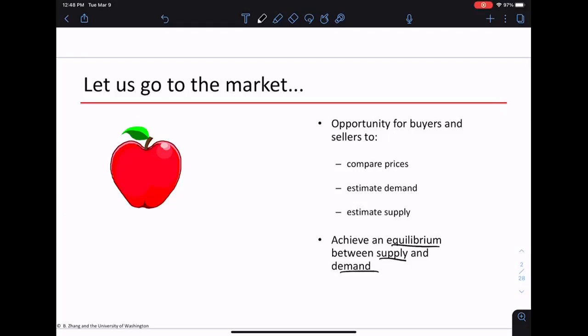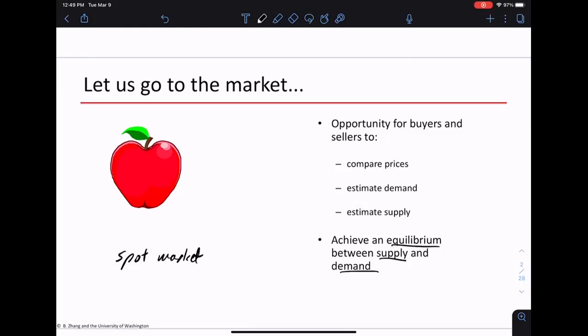Okay. So our market is something called a spot market. Most of the time we'll be talking about the spot market. A spot market is one where for a single commodity, there is a single price, right? We use price to represent the exchange of goods.